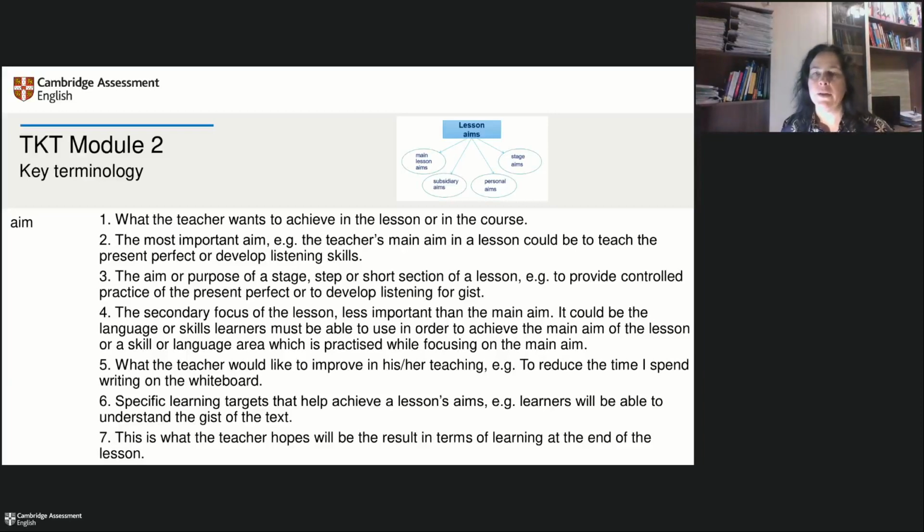It is something else, which is also in the glossary. You need to know this term. Stage aims. Okay, yeah. No, it's not. It starts with O. Good. Exactly, Alexandra. Objectives. Yeah.